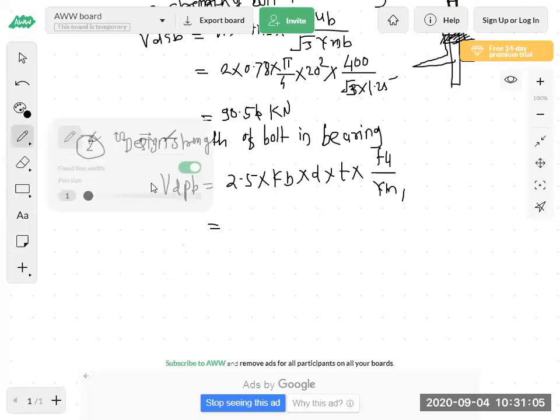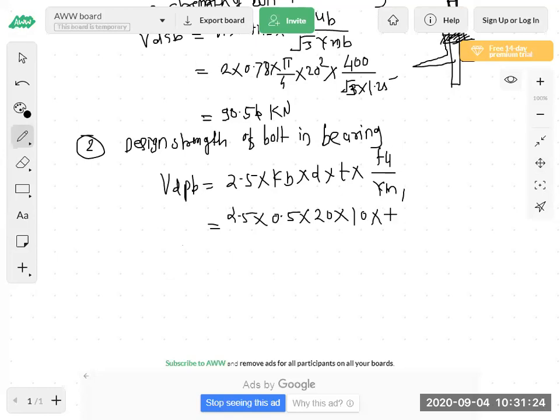So here 2.5 into KB is 0.5, D is 20, T thickness of angle. How much thickness of angle? 100 by 75 by 10, 10 mm. Okay. FU is 410.